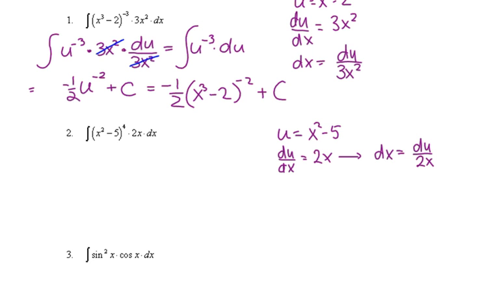Okay, so we're going to sub. So instead of writing x squared minus 5 to the 4, we're going to write u to the 4 times 2x times, instead of writing dx, we're going to write du over 2x. And what happens?